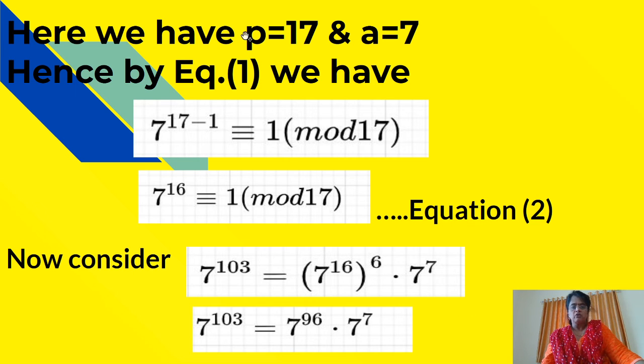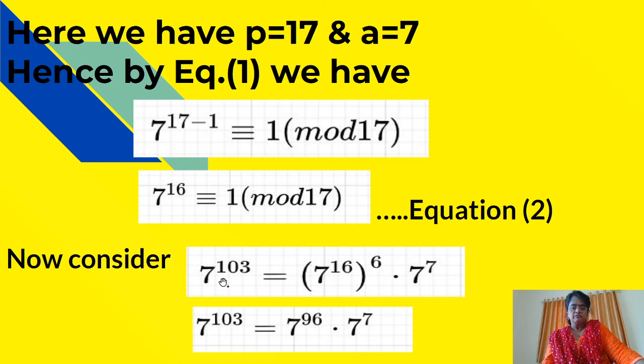Here we have P is equal to 17 and A is equal to 7. Hence, by equation 1, we can write 7^(17-1) is congruent to 1 mod 17. That is 7^16 is congruent to 1 mod 17. Suppose this is our equation number 2.